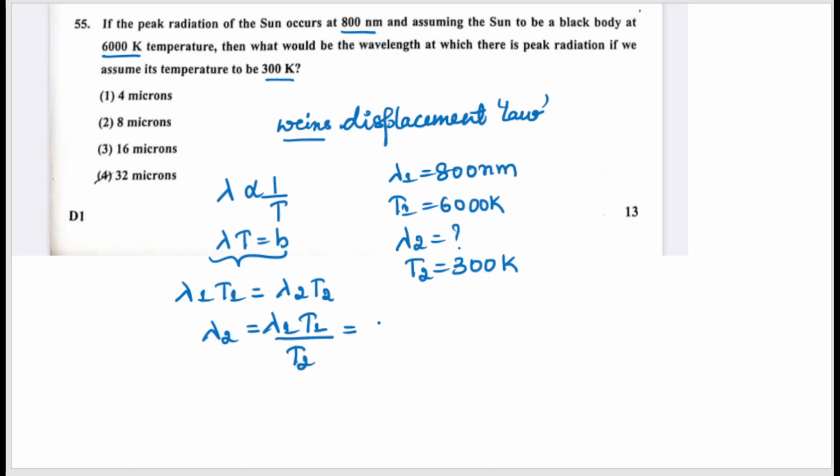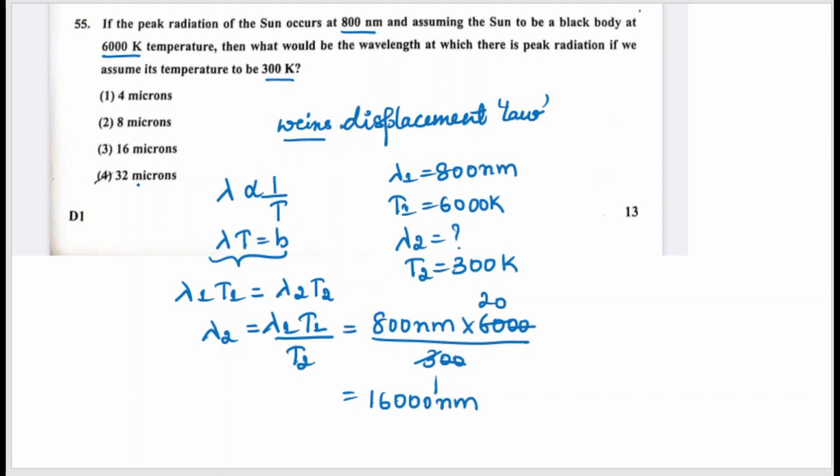Instead of lambda 1, I can substitute the value 800 nanometer into temperature T1, 6000 Kelvin, divided by 300 Kelvin. Kelvin gets cancelled, two zeros get cancelled, 3 ones are 3, 20 times 800 is 16,000 nanometer.